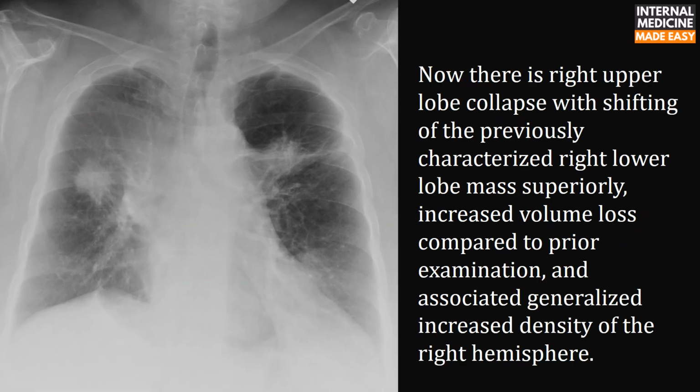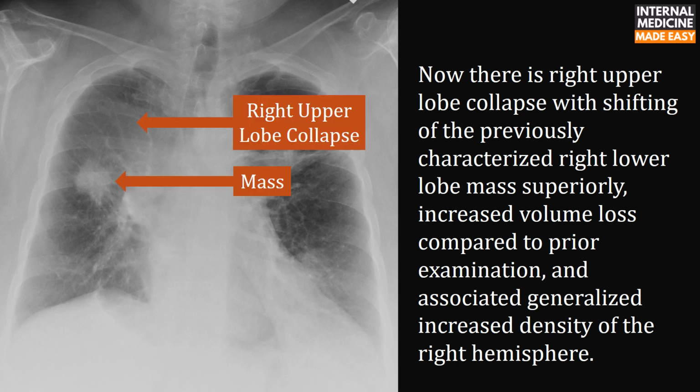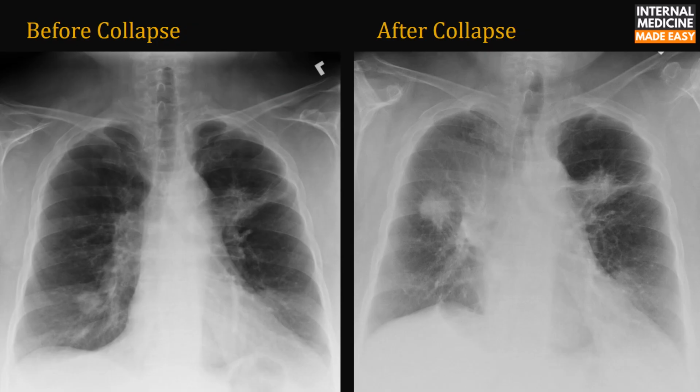Now there is right upper lobe collapse with shifting of the previously characterized right lower lobe mass superiorly, increased volume loss compared to prior examination, and associated generalized increased density of the right hemisphere. So here you can compare before and after the collapse.